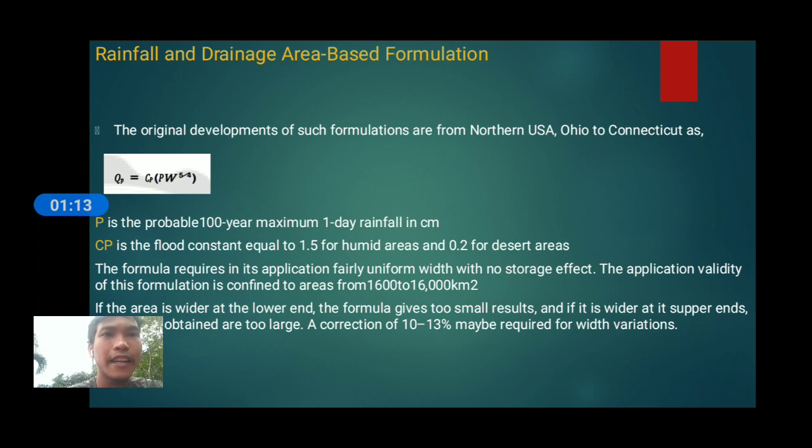Rainfall and drainage area based formulation. The original developments of such formulation are from northern USA, Ohio to Connecticut, as QP equals CP times PW to the 5 over 4, where P is the probable 100-year maximum one-day rainfall in centimeters and CP is the flood constant equal to 1.5 for humid areas and 0.2 for desert areas.